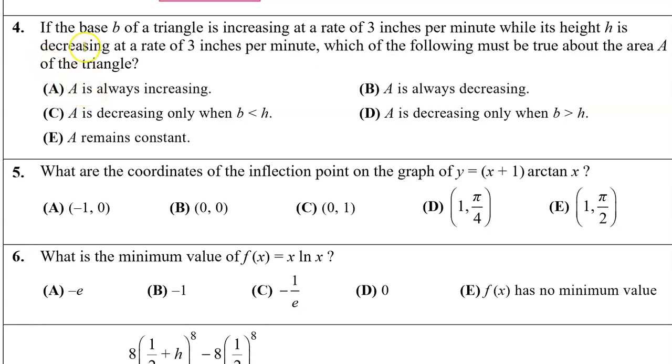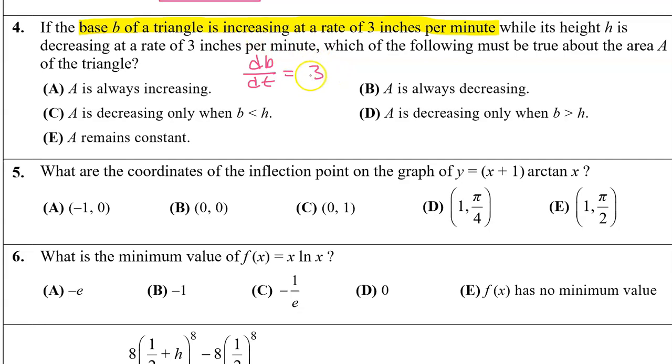I am going to approach this like a related rates problem. So I'm going to write down any rates that we are given and any facts that we are given. So the base b is increasing at a rate of 3 inches per minute. So they are giving us the rate of change of b. In other words, db/dt is increasing at a rate of 3 inches per minute. So that's positive.